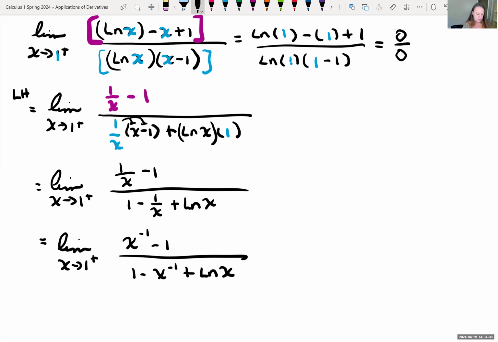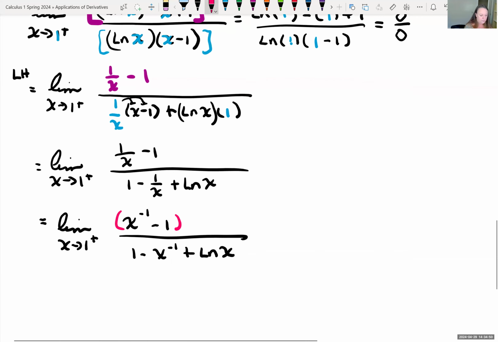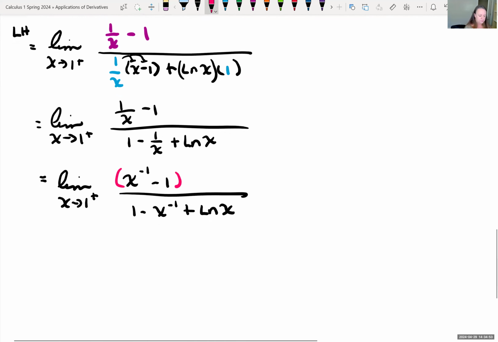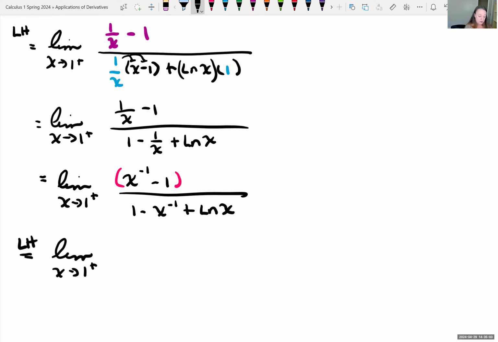So let's see if this helps us going back and taking the derivative of both the numerator and denominator. Now, when we take the derivative of the numerator and the denominator, we don't have to worry about the quotient rule. So now again, using L'Hopital's rule, the limit as x approaches 1 on the right.